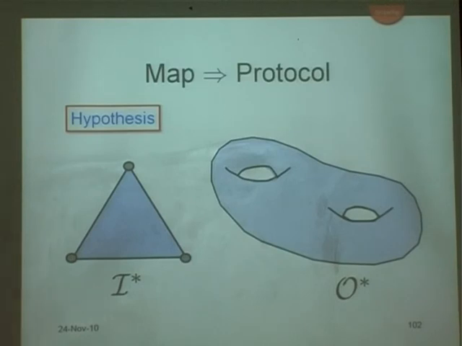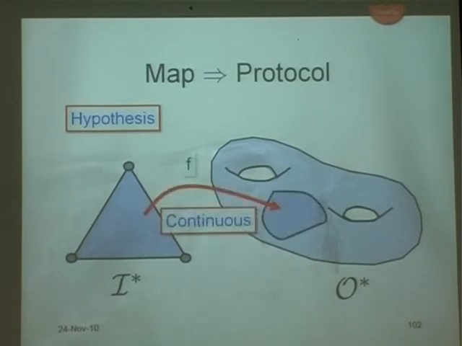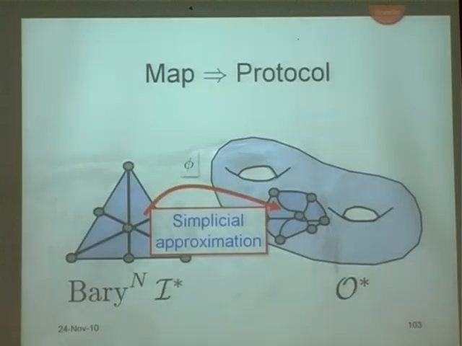Okay, so now that we have that, I'm going to show you how to go from a map to a protocol. So we're given a continuous map. Then what I'm going to do is take a simplicial approximation of that map. So now I have a map from some subdivision.